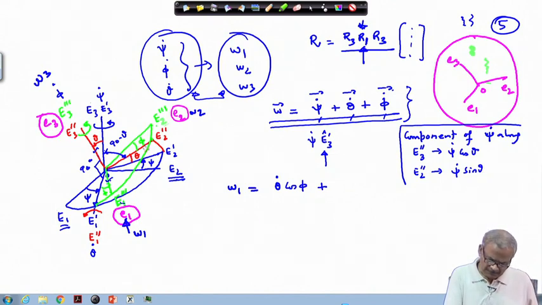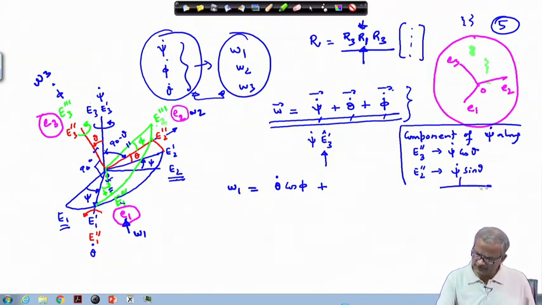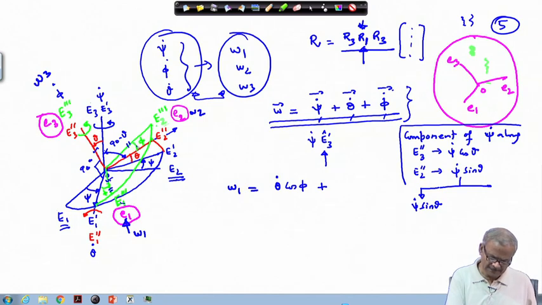Now, this is along this red line, basically along this line. So, this can be broken along this line and along this line. These two lines are perpendicular to each other, and in between is this line. So, along the E 2 triple prime direction, this can be broken along two directions. We will have psi dot sin theta, and from this place to this place, this angle is phi, so that becomes cos phi.